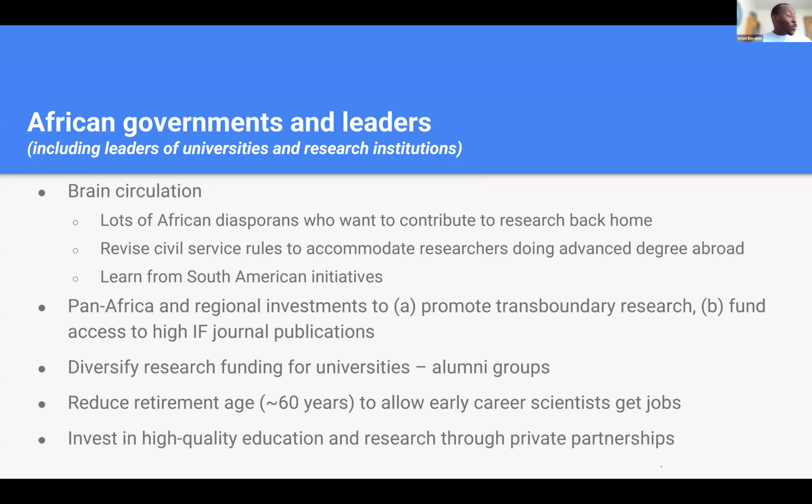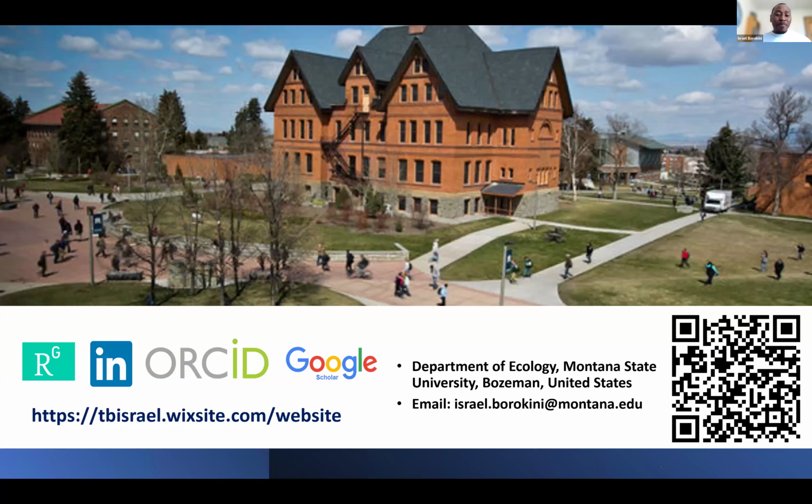And then we also need to invest in high quality education and research through private partnership. Again, this goes into diversifying research funding, not just depending on government. Through private partnership as well, we can get a lot of funding to support research in Africa. The list is endless, but this is where I'm going to stop on areas where we need to work, because I believe it is not just about Global North collaborators.